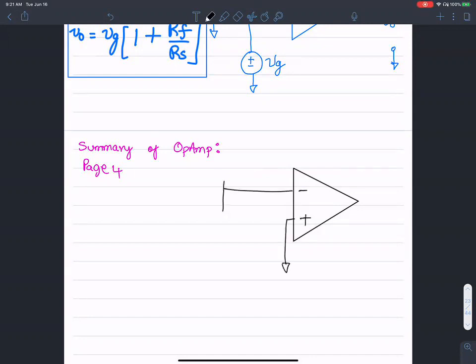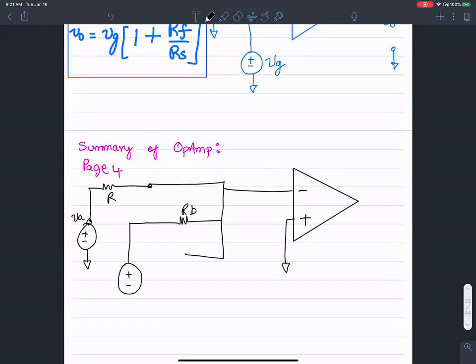There are 3 inputs that are applied to the amplifier: RA connecting to plus or minus VA. And there is another branch, RB, connecting to plus or minus VB. There's yet another branch, RC, and I can keep going on with any number of branches that I want, VC.